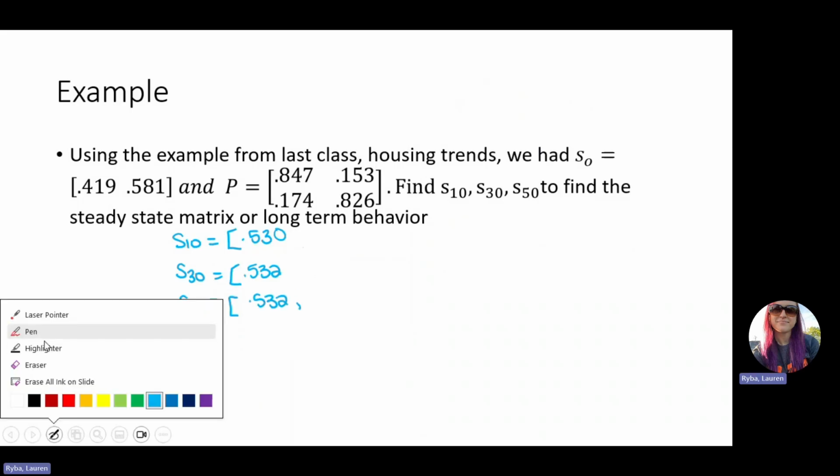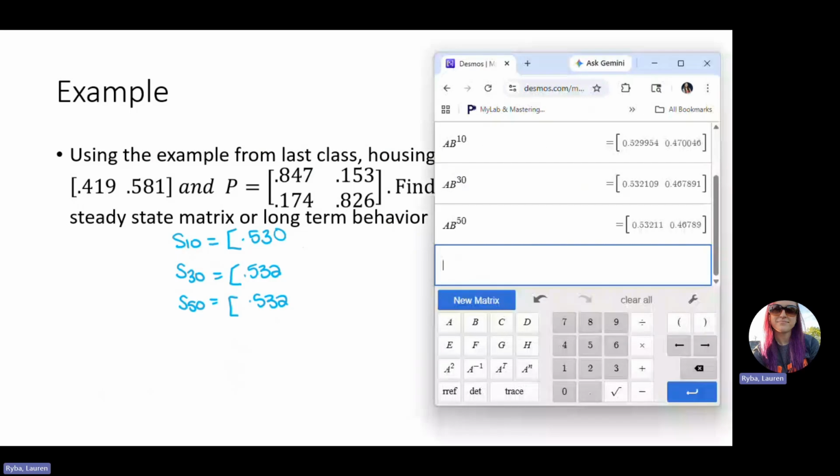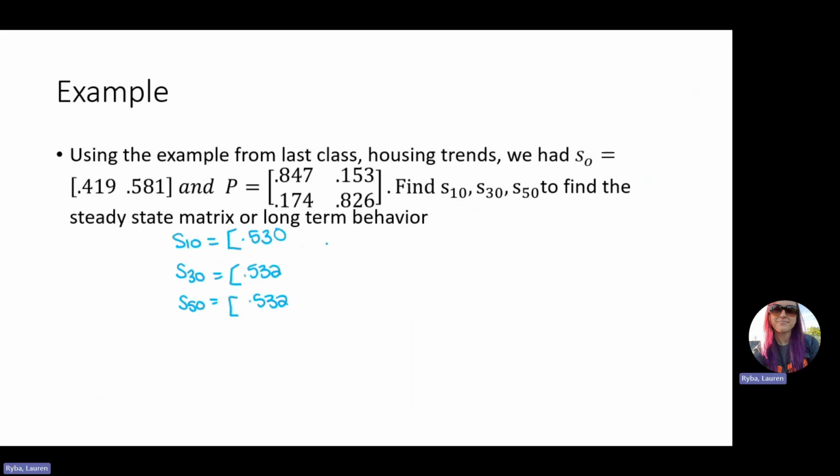And sometimes I make a mistake and put a comma in there. There does not need to be a comma between the two values. 0.470, 0.468, 0.468.